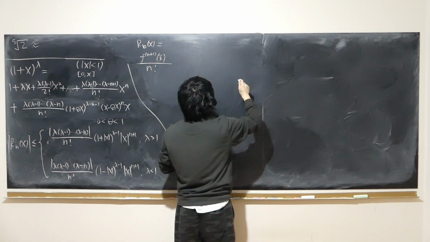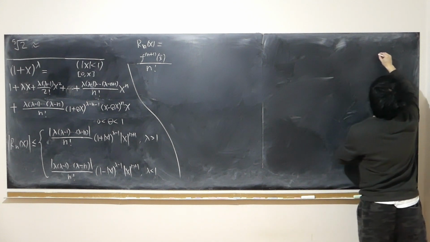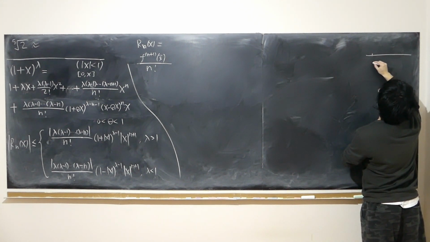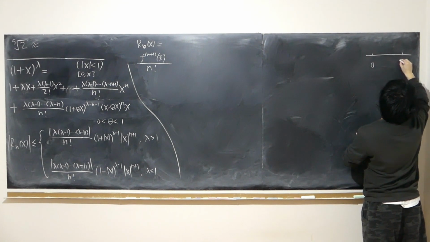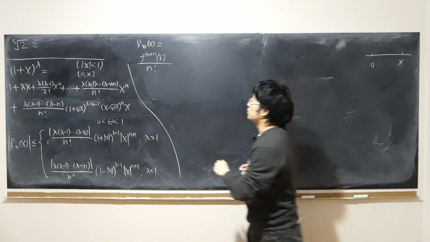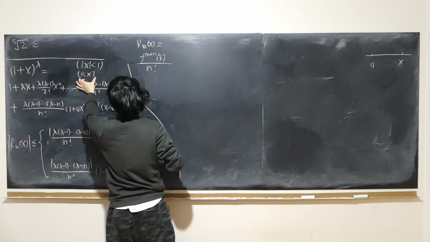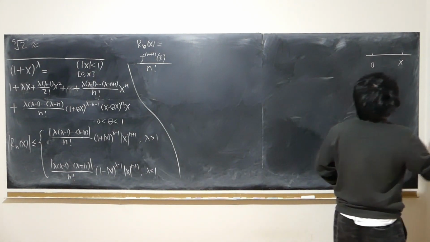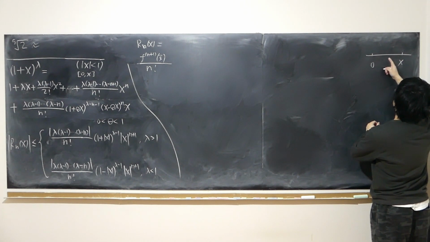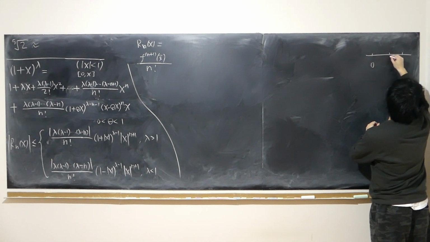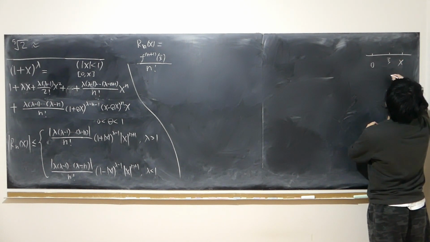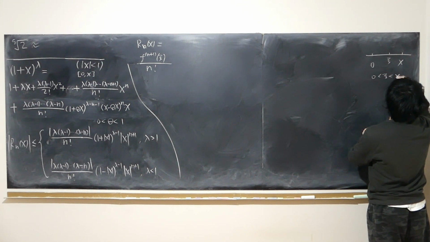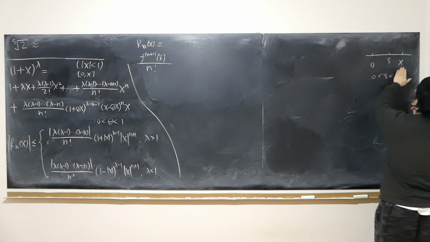Let's say we expand over the interval 0 to x, this closed interval, restricting x between -1 and 1. So xi is some point in between, bigger than 0, less than x. Right now, I'm treating x as a fixed point.